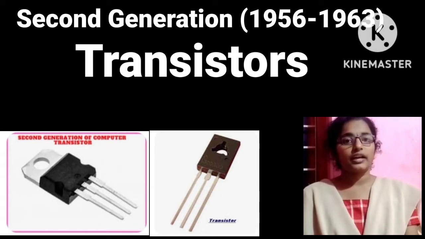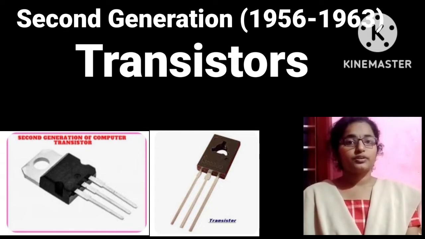They were faster in primary memory and larger in secondary memory. Disadvantages of second generation computers are that they used assembly language and they were too expensive.